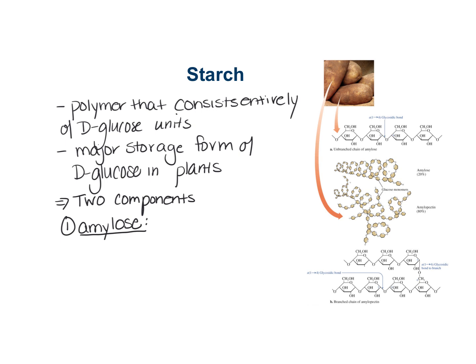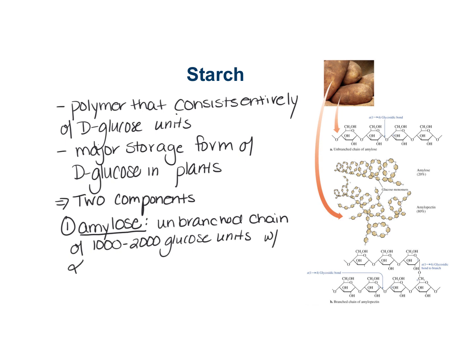So amylose is an unbranched chain of 1,000 to 2,000 glucose units with alpha-1,4 glycosidic linkages. It makes up about 10 to 20% of starch.